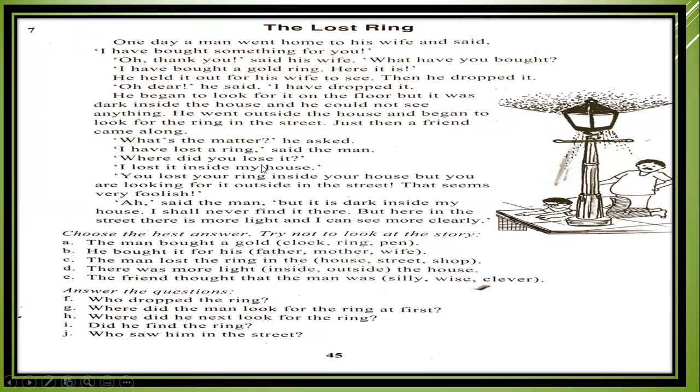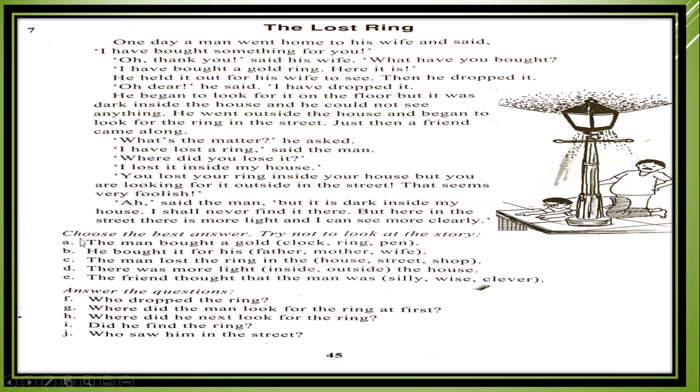It's just a simple, funny story for you to read and see where they use the word have. I have bought. What have you bought? I have dropped. Many times they use the word have, so it's just for practice and understanding.